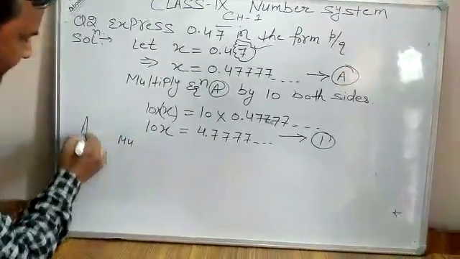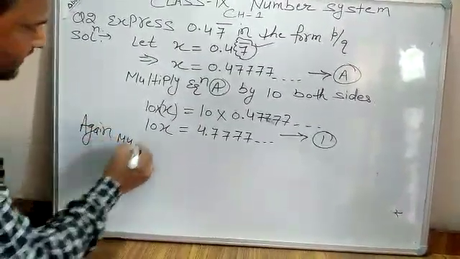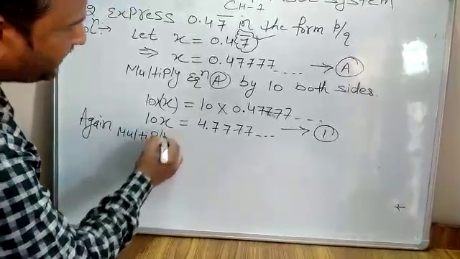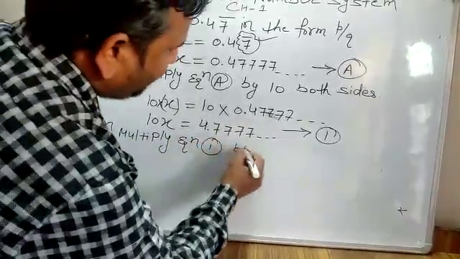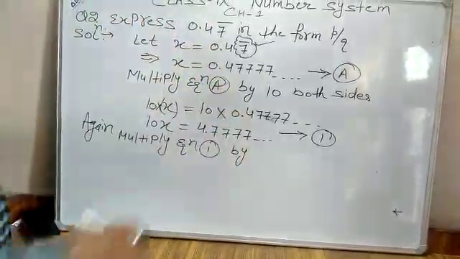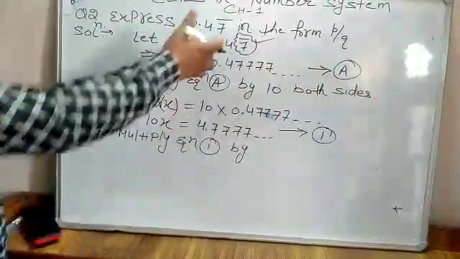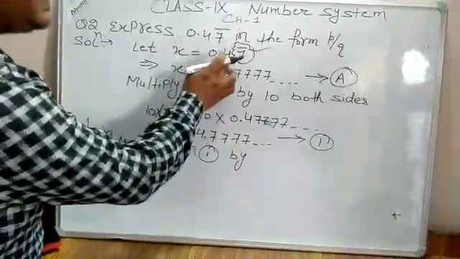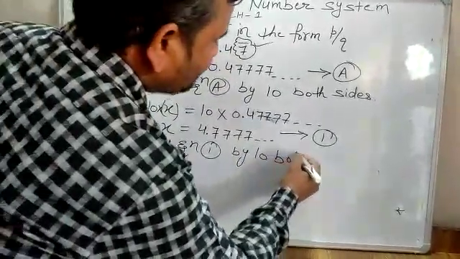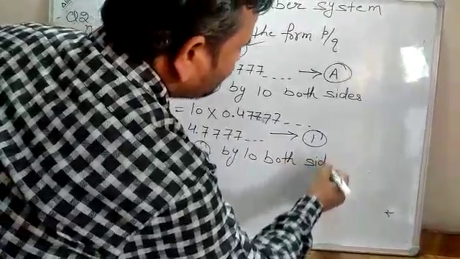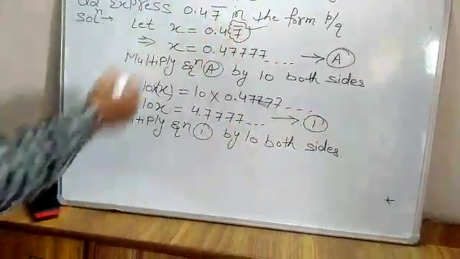Multiply again equation 1 by, if there are two numbers, as we already discussed, we multiply by 100. Here there is a single number, so we have to multiply by 10 on both sides.